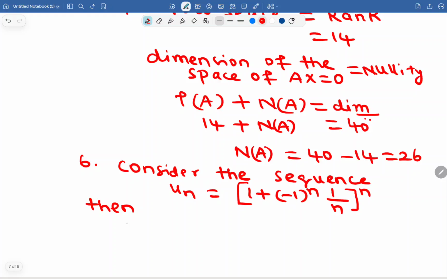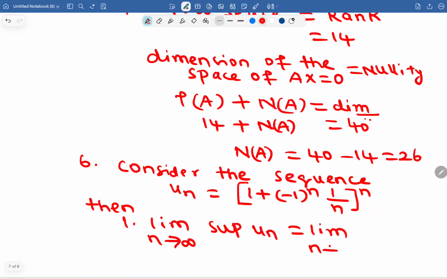Then first option, limit n tends to infinity supremum of u_n, which is equal to limit n tends to infinity infimum of u_n, is 1.